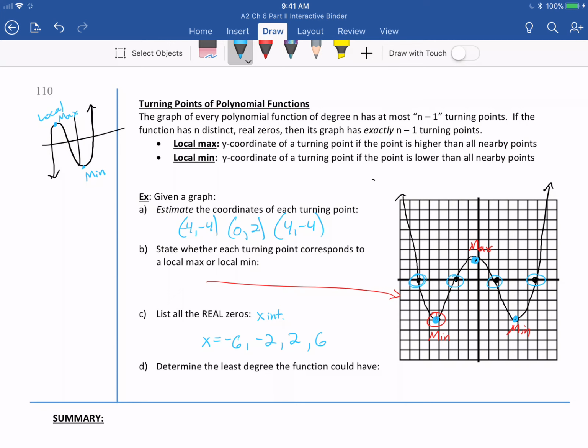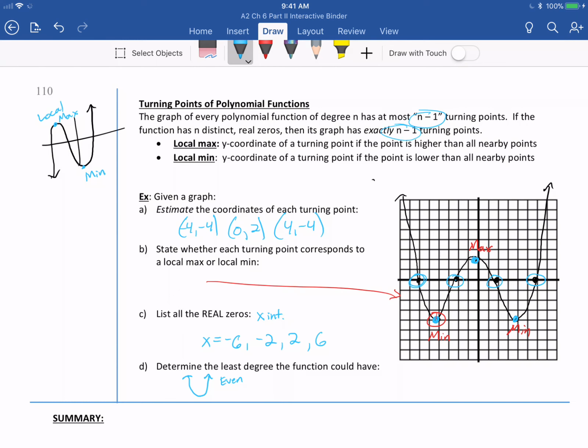Okay. Now it says determine the least degree the function could have. So look at this. This function ends up both going towards positive infinity. Okay. So this has got to be some even degree, right? But if I look up here, it's got to have at least n minus 1 turning points.